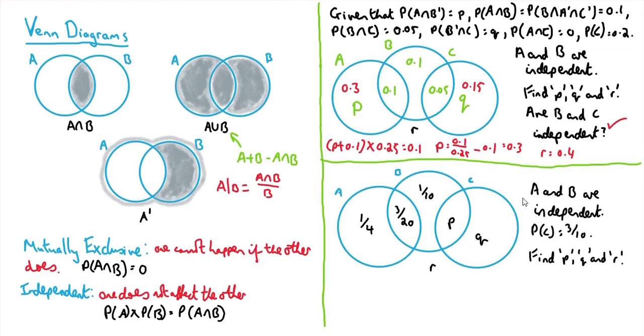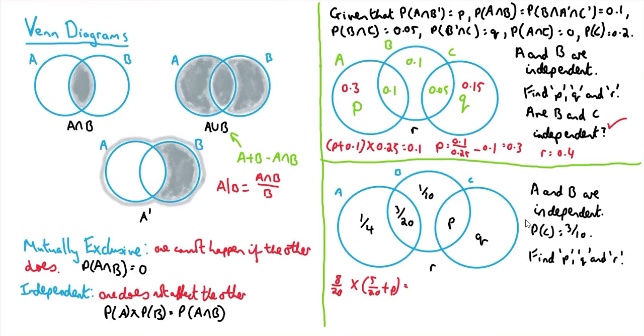So if A and B are independent, and we're to use the formula that we had before, we can say that the entirety of A, which in this case, if you were to do a quarter, add 3/20ths, would give you 8/20. And you have to times that by the sum of this circle here. So 3/20 add 1/10. Well, that's going to be 5/20. And this would be added to P. We don't know what P is.